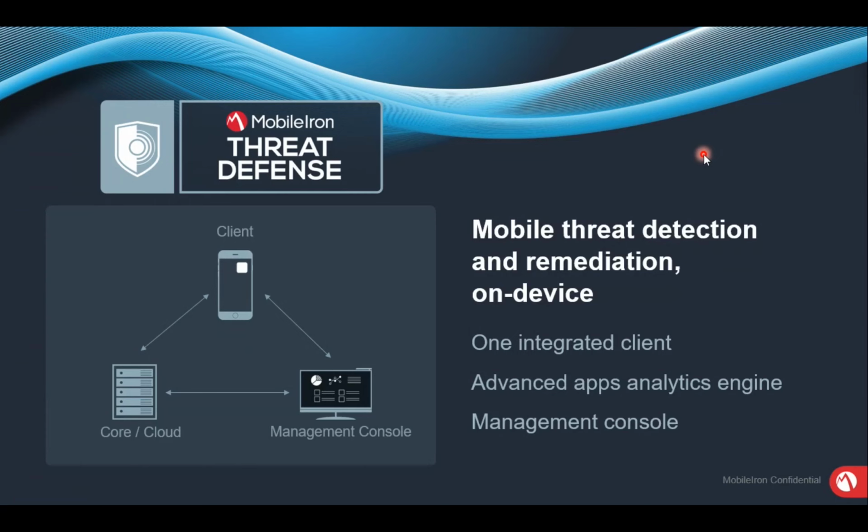Application level is any malicious app being installed on the device. Network level is when a device tries to connect to an insecure Wi-Fi where a man-in-the-middle attack can happen. Device level attacks are things like jailbreaking or rooting the device, or an unsupported version of the operating system.